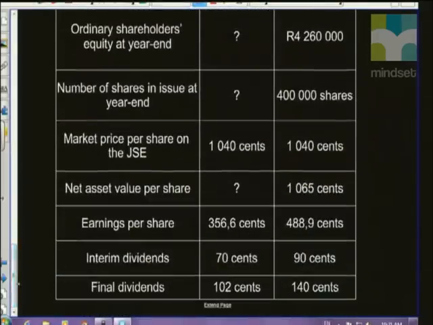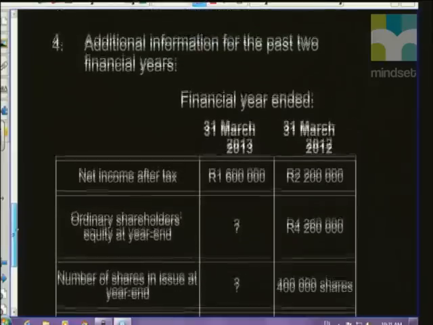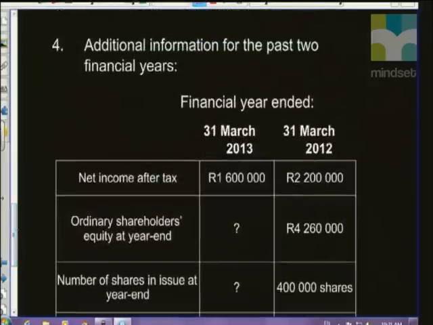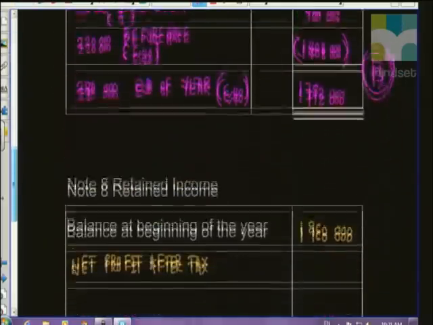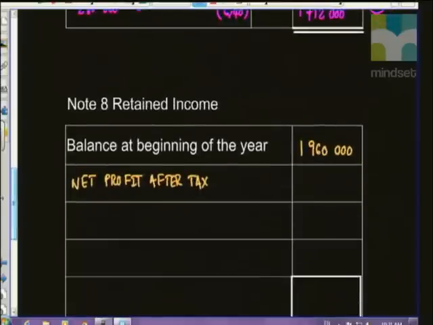There it is. I'm working with March as the end of my financial year. There's my net income after tax, 1,600,000. So therefore, 1,600,000 is my net income after taxation.